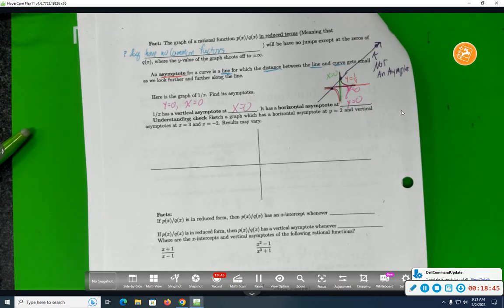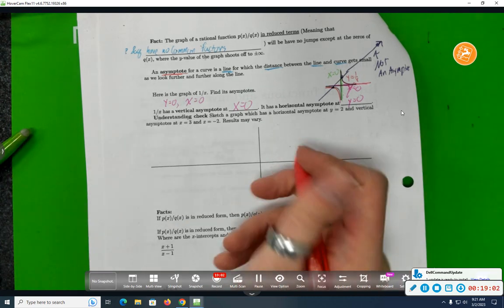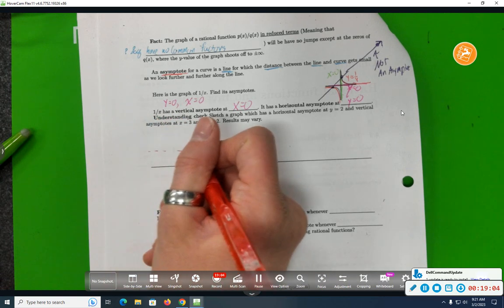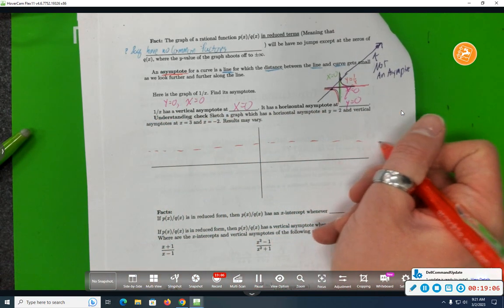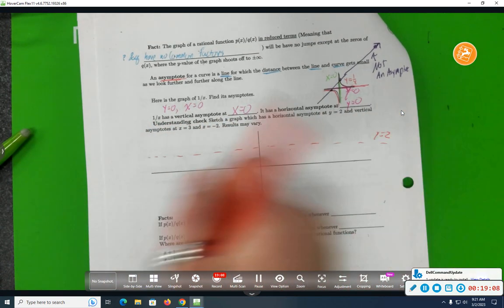So, I'd like to do the following understanding check. I'm going to give you some conditions. You are going to sketch for me a graph that satisfies these conditions. There's not enough here to pin down a unique graph, so results will vary. So sketch for me a graph which has a horizontal asymptote at y equals 2. So I'll draw some of these lines, y equals 2.